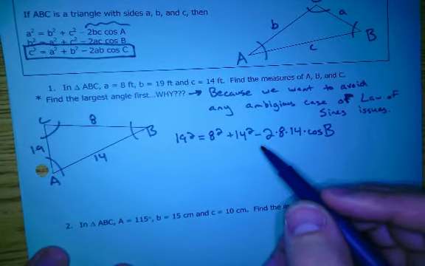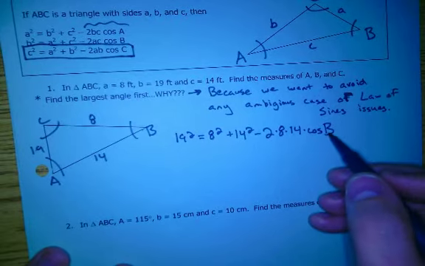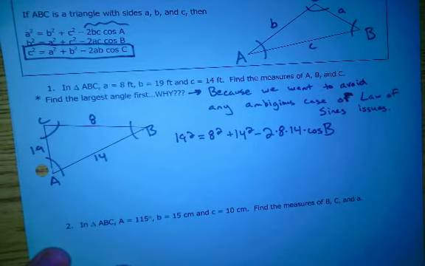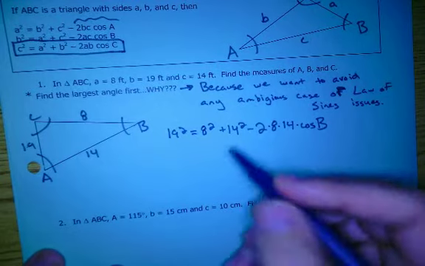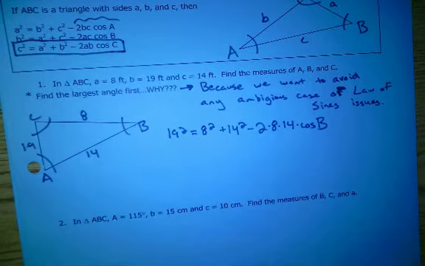What I'm going to do now is a little bit of solving here. I'm going to get this angle by itself. You can just use your calculator. For your calculator, make sure it's in degree mode.